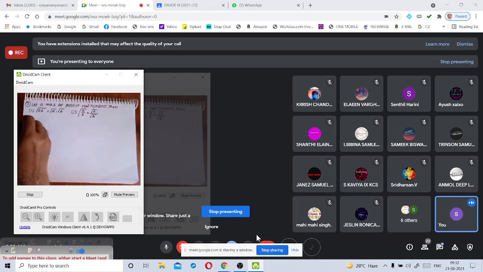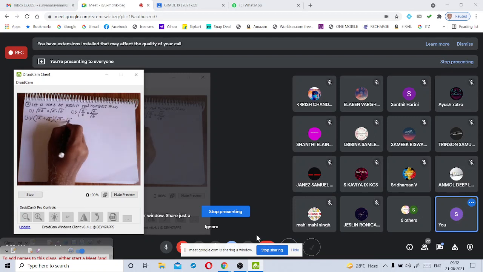Okay, next, the third one: root a plus root b into root a minus root b. If you multiply these two expressions, can you do this one and tell me the answer?